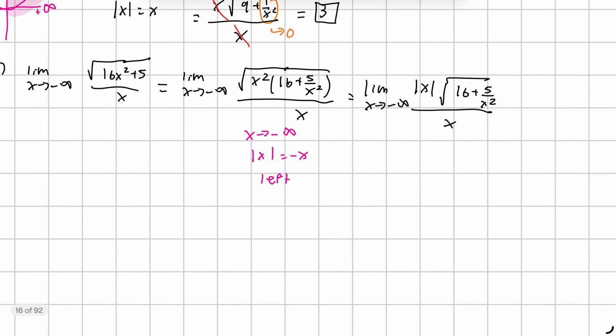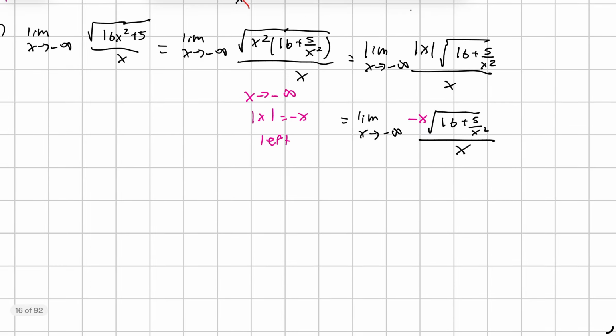Now, if we plug that back into our equation, we have negative x instead. So limit as x approaches negative infinity of negative x times the root of 16 plus 5 over x squared, all divided by x. So then after this, you can just cancel out that x in the numerator and denominator. You get the limit as x approaches negative infinity of negative root of 16 plus 5 over x squared.